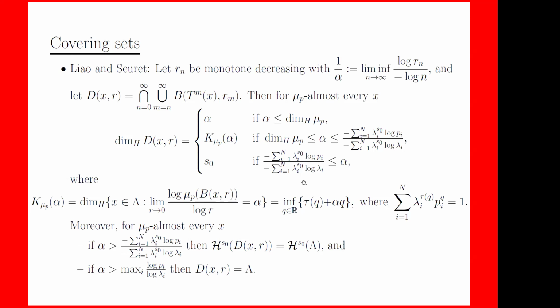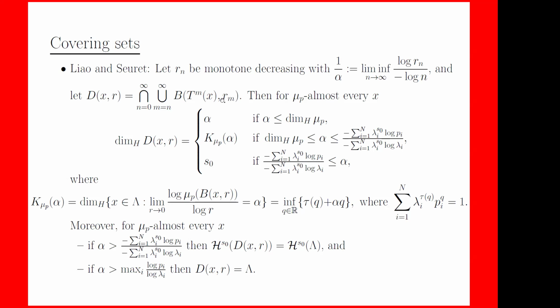And for that, Liao and Seuret showed the following. Actually, Liao and Seuret showed it for expanding maps on the line, but everything goes through word by word. So you have this Rn shrinking rate, and what you assume is that it's monotone decreasing.